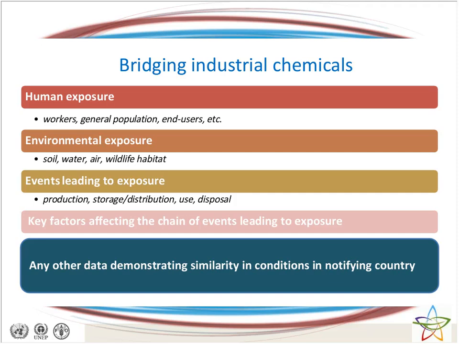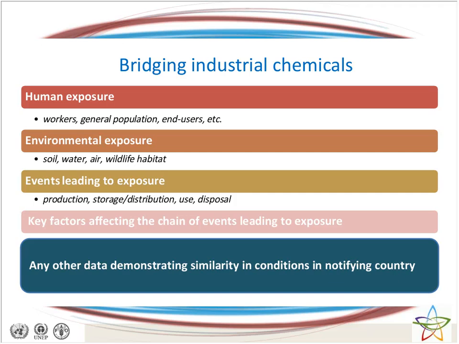And in this case, for example, it's very important to cite monitoring data or to compare monitoring data of similar industrial chemicals if these are available. And then it's important to describe the events leading to exposure for industrial chemicals.